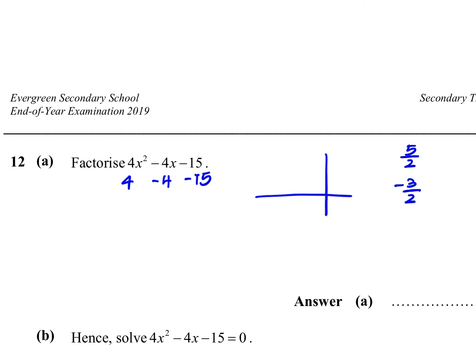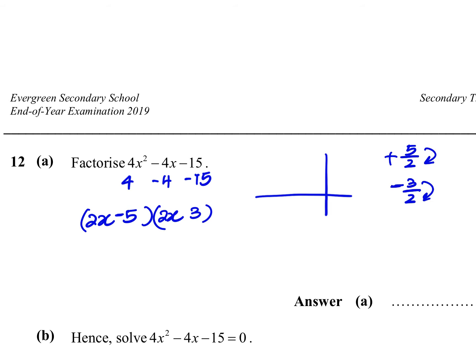What does this mean? I have 2 brackets. 5 over 2, so this is 5 with 2x. This one positive, so here put what? Positive 5 over 2, so here put negative. Then this one is 3 over 2, so 3 is with 2x.